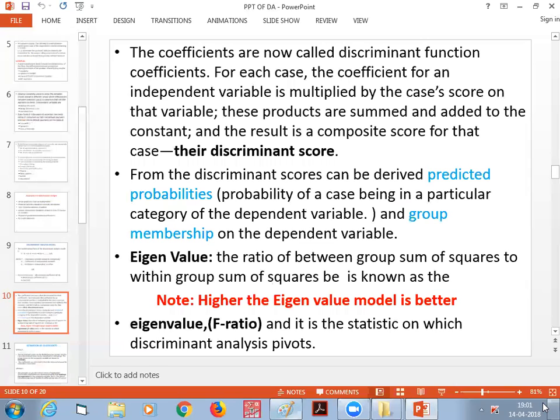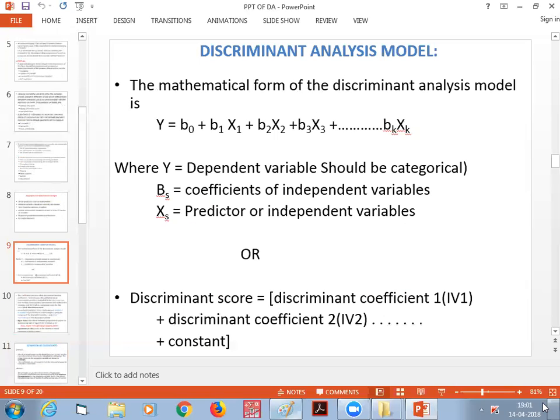Now, how to estimate these coefficients B0, B1, B2, B3, etc., from the sample data? That is what is called the fitting of the discriminant model. In the regression model also, estimation is nothing but fitting of the model, meaning estimation of B0, B1, B2, B3, etc., from the sample data.